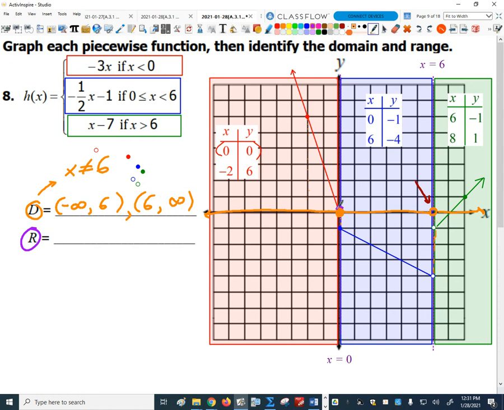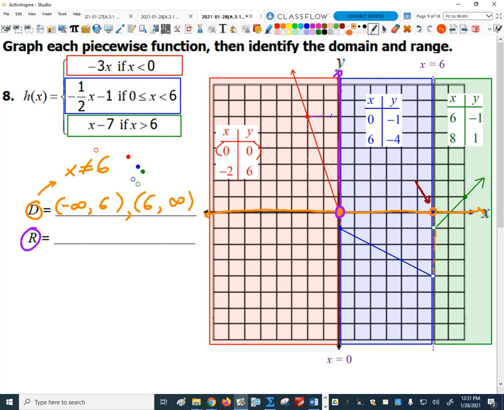So I'm going to have an open endpoint, and then all of these other little pieces up here, as this graph moves up, each of these other infinite points is going to project over, and they're just going to give me all the values of y going up to infinity from 0, right?